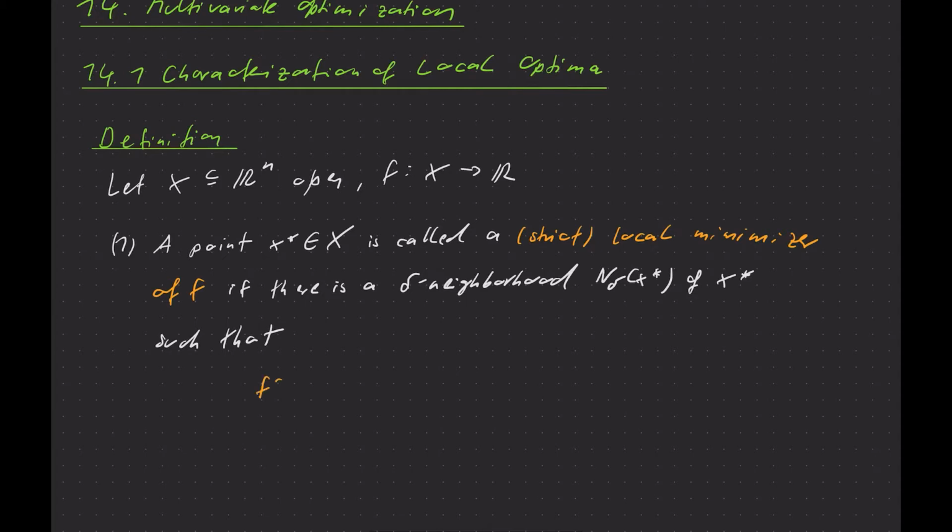So we want f of x star to be less or equal to every other possible function value f of x for all x in that neighborhood. And of course, we also have to make sure that x is actually in the domain of the function. So we'll take capital X intersected with that neighborhood N delta of x star.